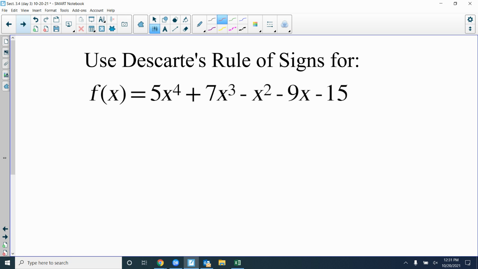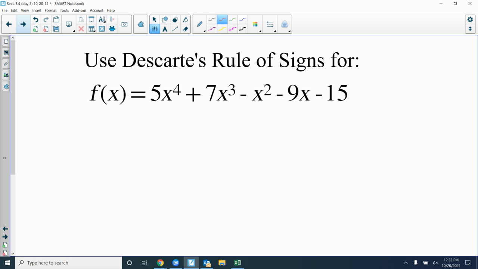All right, I just want to do one Descartes' rule of signs together to make sure this makes sense. Just throw it on the back, it's fine. All right, copy down that function. For the positive zeros, you just look at the number of times the sign changes.